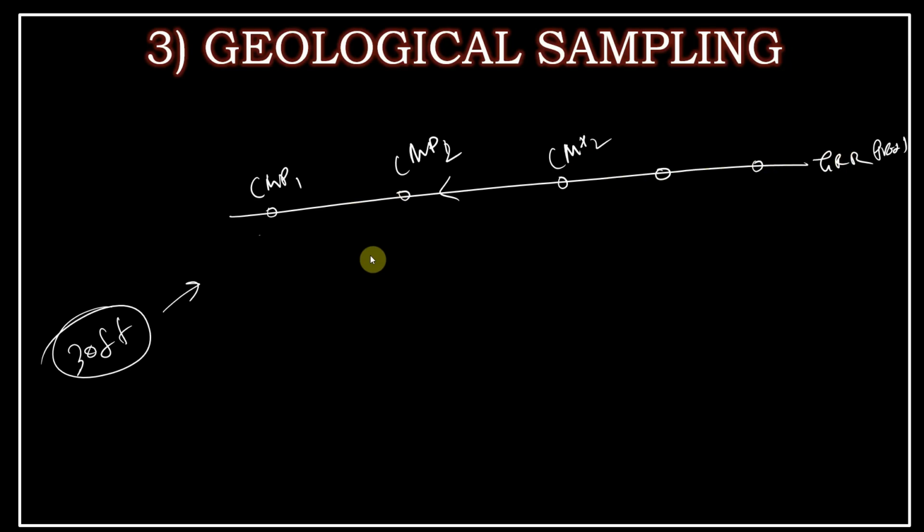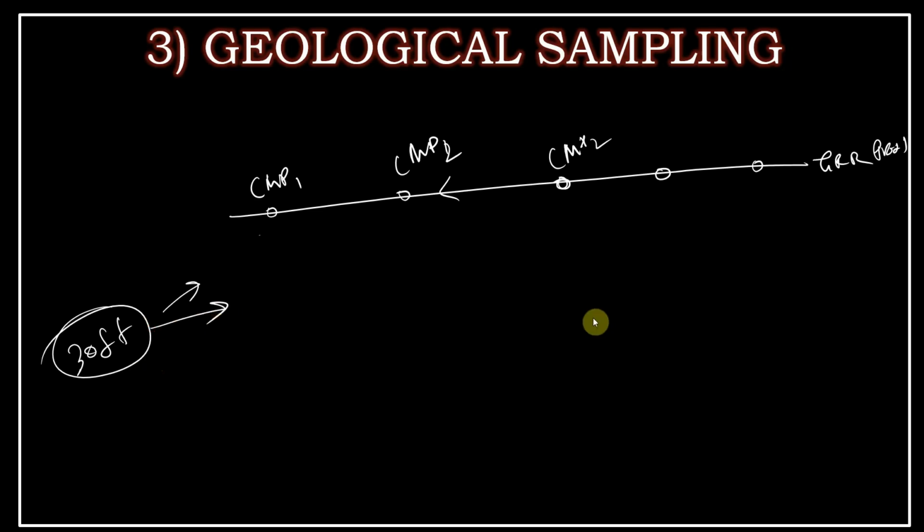If you are not allowed to do so much boring, you can at least do 1 or 2 borings on this profile, and you will compare the data with the CMP and the GPR profile, so that on the next day when you do the GPR survey in detail, you will have subsurface information, okay.